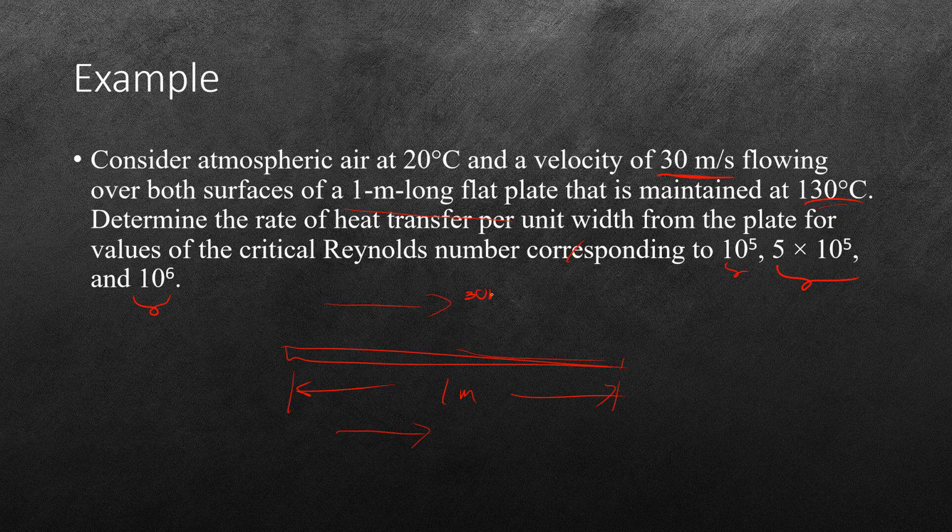Both are at 30 meters per second and at 20 degrees Celsius, and the temperature of the surface Ts is equivalent to 130 degrees Celsius. So now we are going to solve for the heat rate per unit width of the convection transfer across the surface.